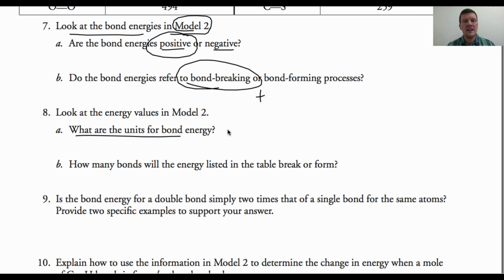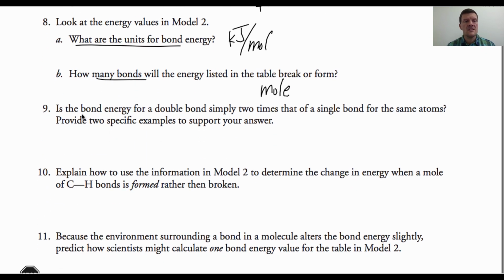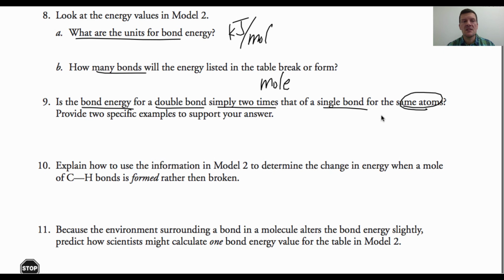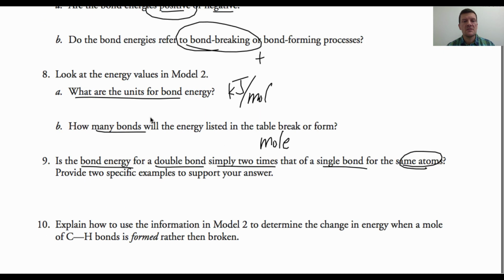What are the units for bond energy? Kilojoules per mole. How many bonds will the energy listed in the table break? A mole of bonds. Is the bond energy for a double bond simply 2 times that of a single bond for the same atoms? And we're going to provide 2 specific examples.